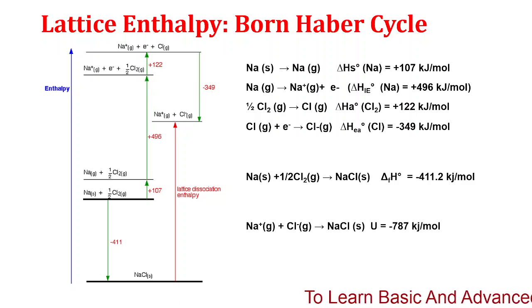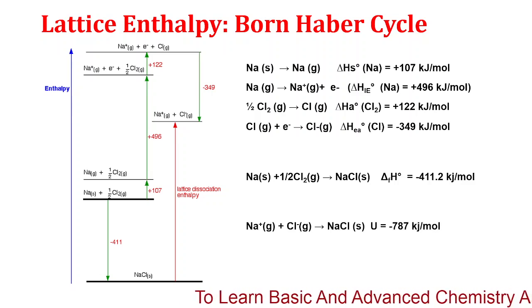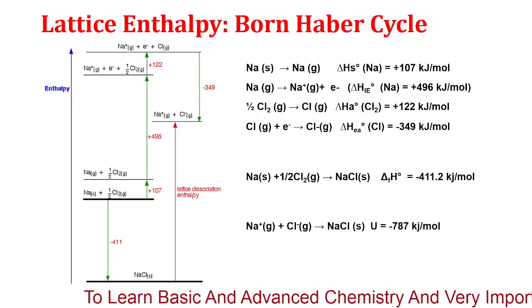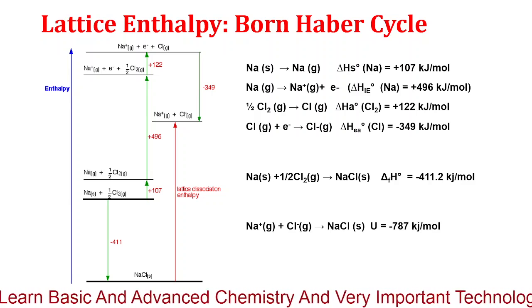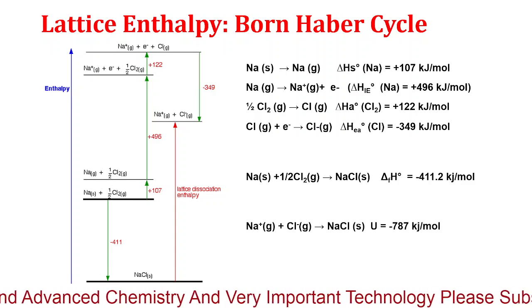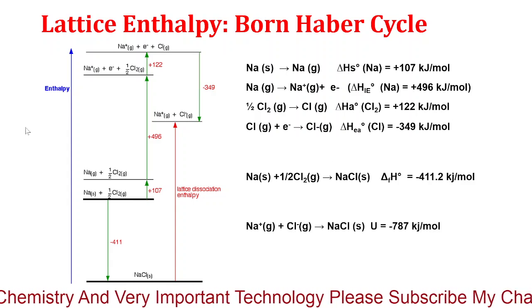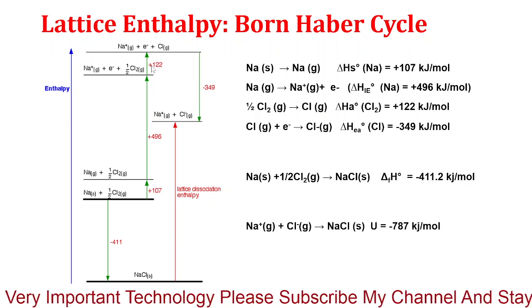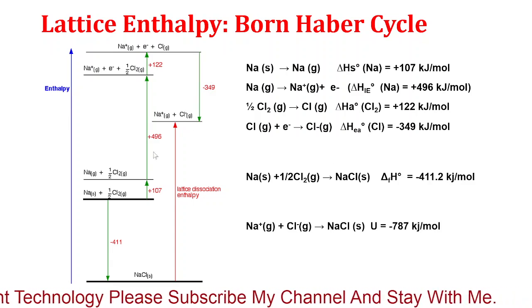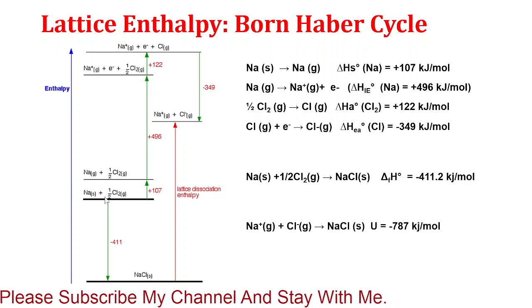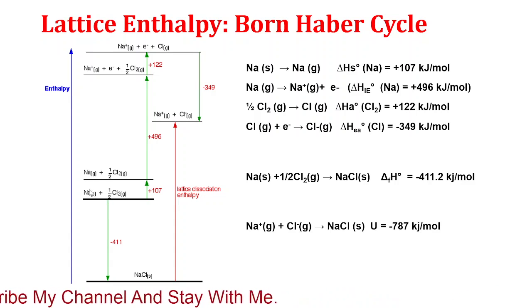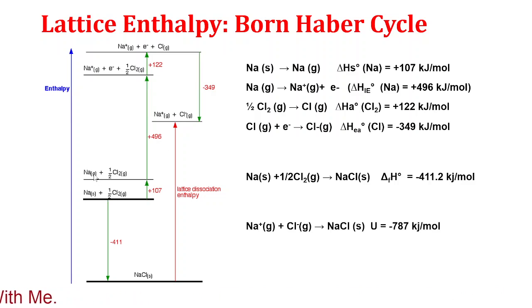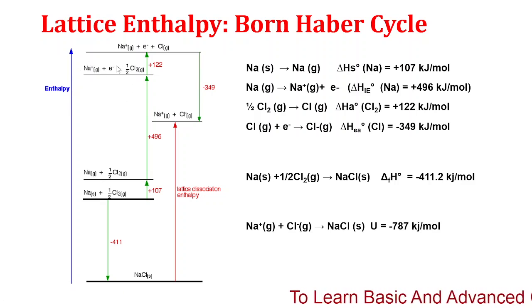Now if I ask you to draw a structure for magnesium chloride, you don't need to put the values like 122 or 349, but the systematic steps are these. As with sodium, first it is solid and we need to make it into gas, and then we need to convert it into magnesium ion plus electron.